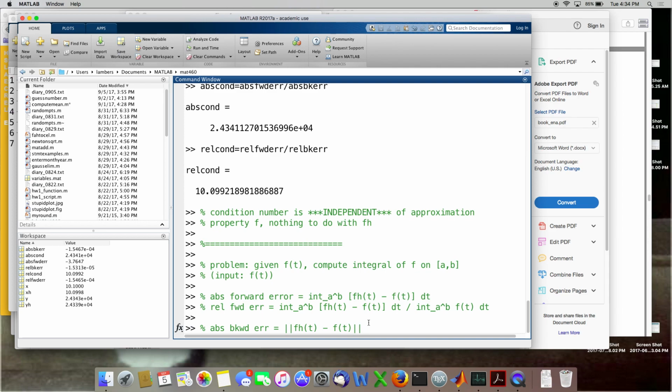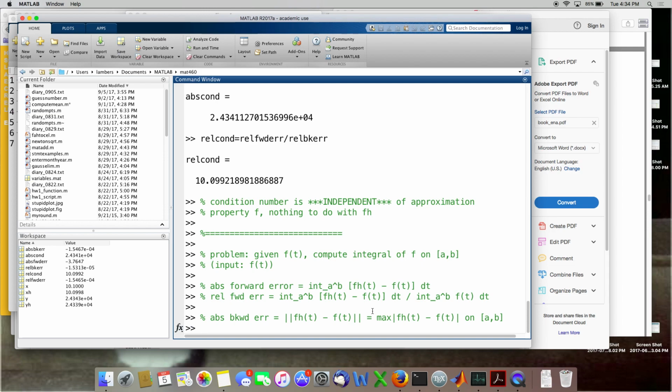A norm is a measure of magnitude. And the magnitude that I'll use in this case is the maximum of the absolute value of these two on ab. Okay, because that's the interval of interest here. So at least we can describe a backward error as a number. And then the relative backward error would be the maximum of this difference divided by the maximum value of f on ab.